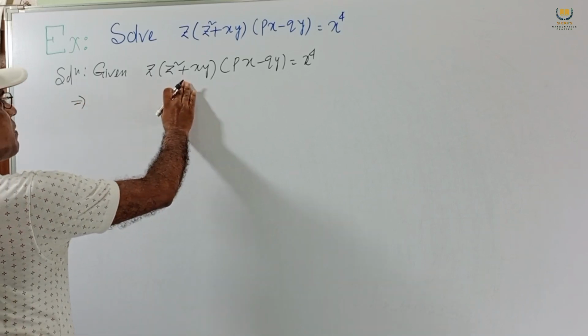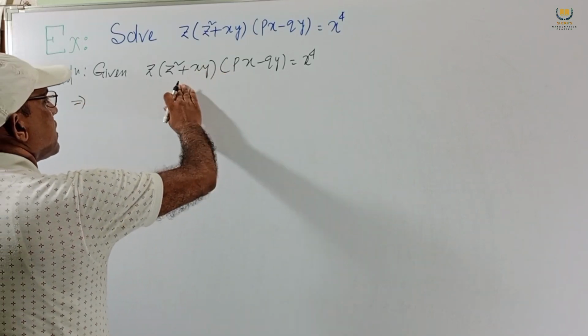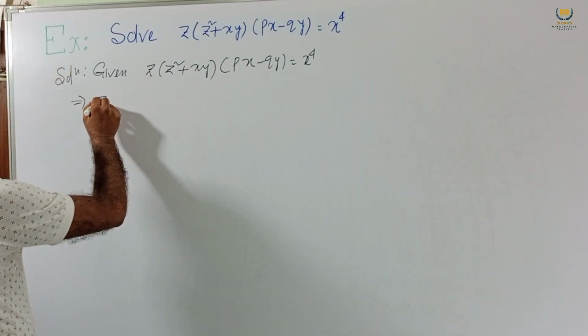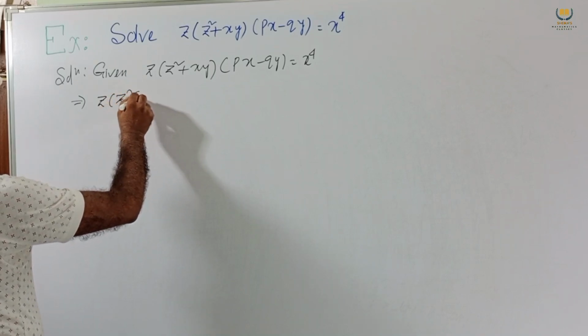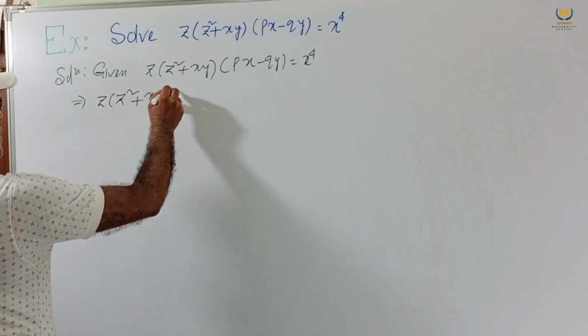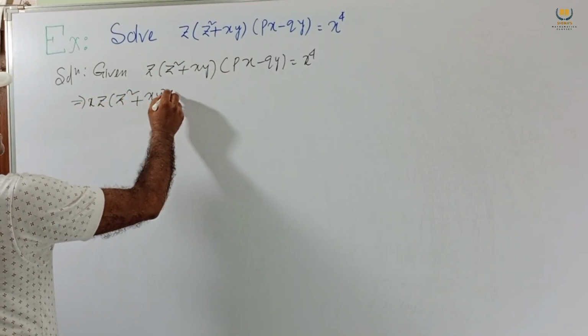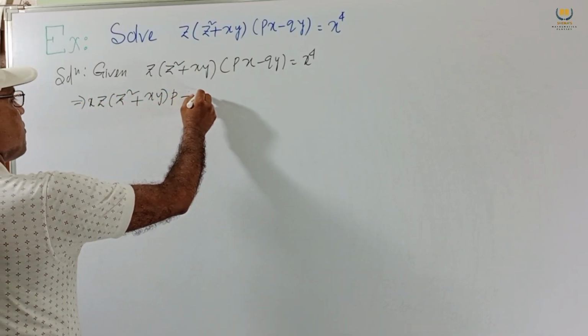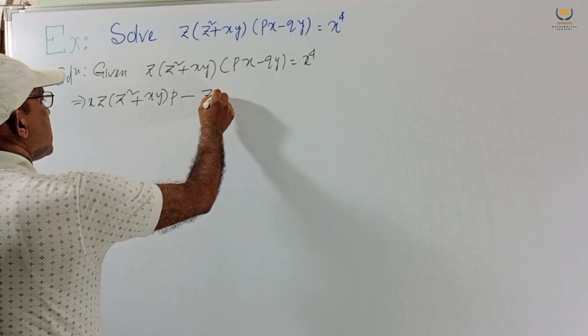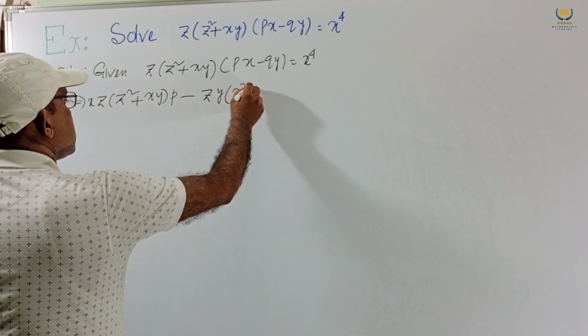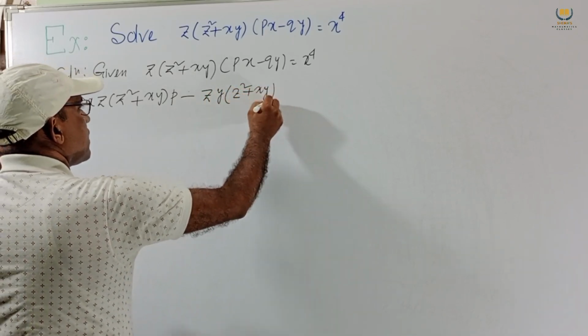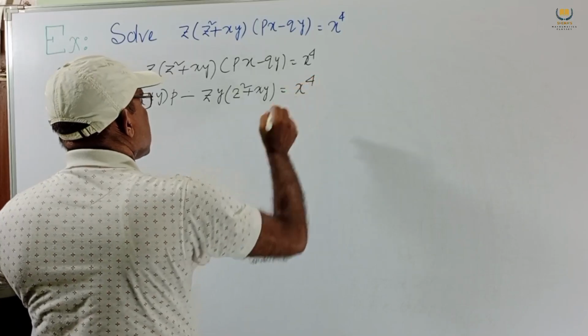This implies, multiplying this with this and this, z times z square plus xy, this is px, that means x times p, and minus zy, z square plus xy equals x to the power 4.